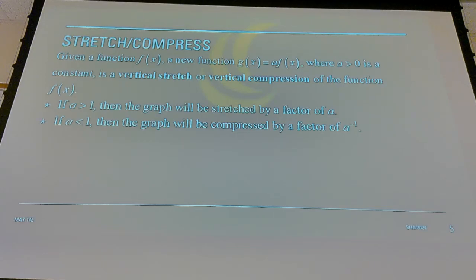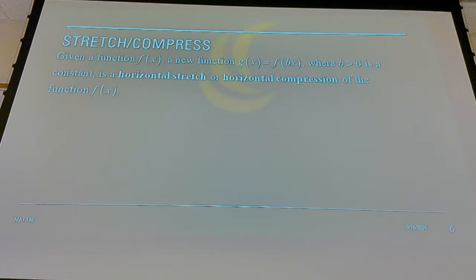The function f of bx, again, b is greater than 0 and a constant, is a horizontal stretch or horizontal compression of f of x. And then same argument. There's a reason why it's positive.